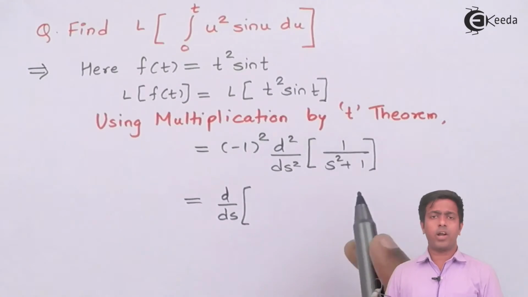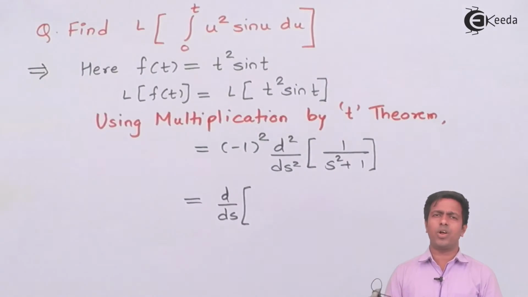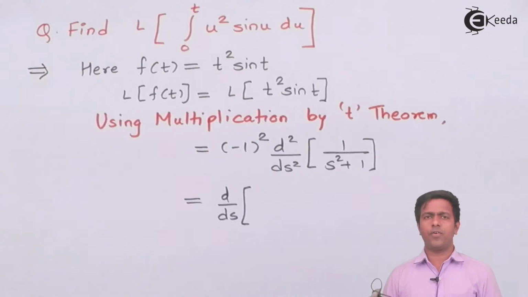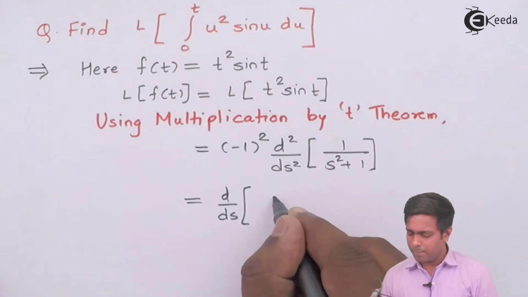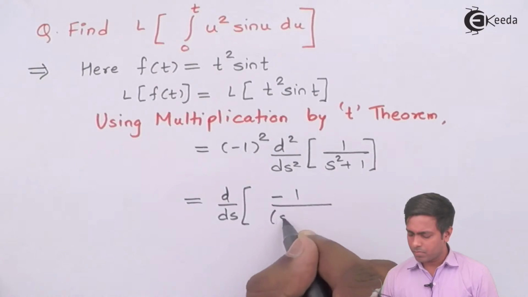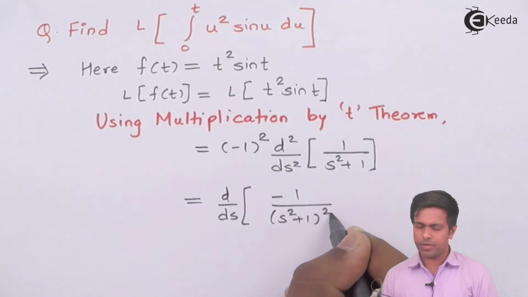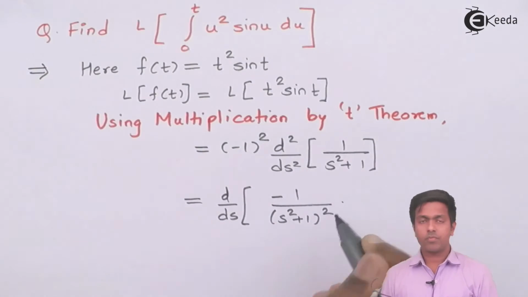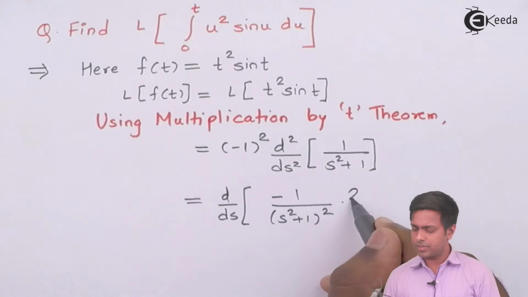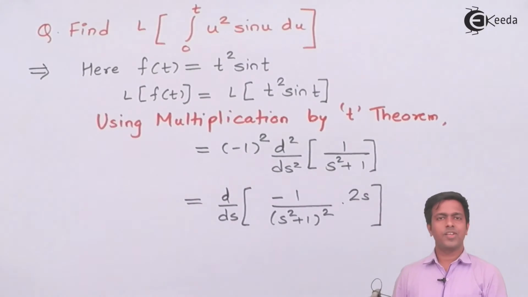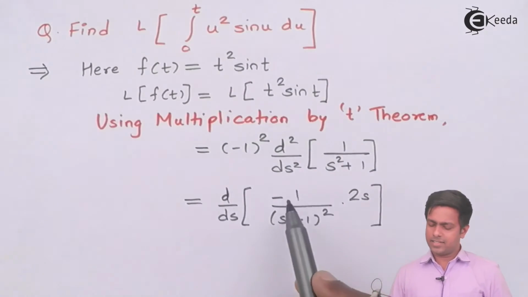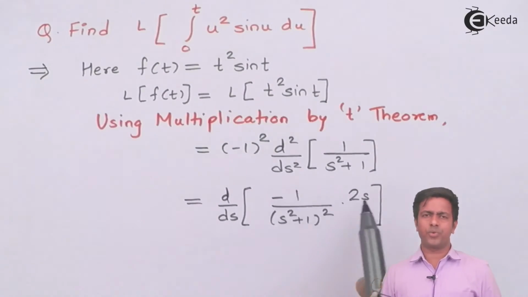So what is the derivative of 1 upon s square plus 1? It is similar to 1 upon x. The formula for the derivative of 1 upon x is negative 1 upon x square. So this will become minus 1 upon (s square plus 1) the whole square into the derivative of this, that is 2s.